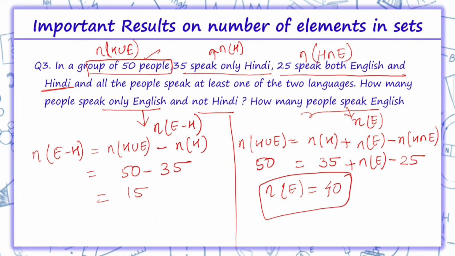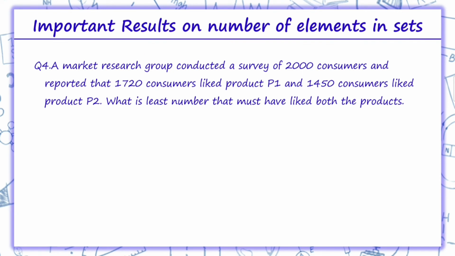So this is how we use the results on the number of elements in sets, and we have to solve our questions. Next question: a market research group conducted a survey of 2000 consumers. This is 2000 consumers, that is the universal set, and reported 1720 consumers like product P1.